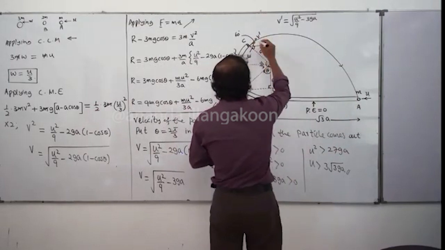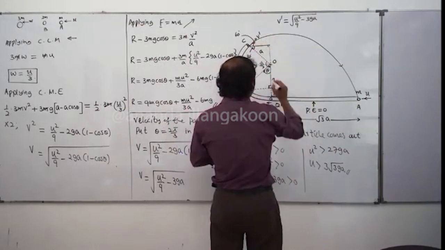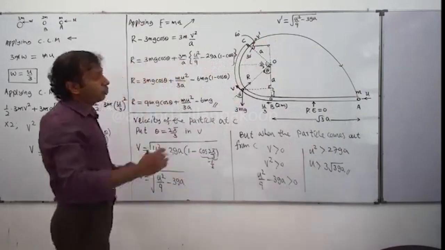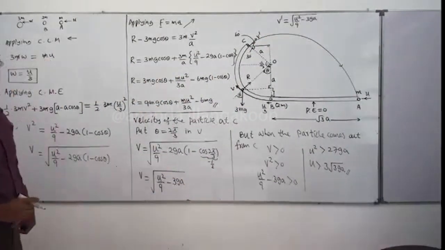This length plus this length is the horizontal displacement the particle has moved.